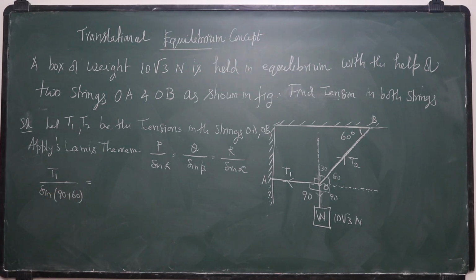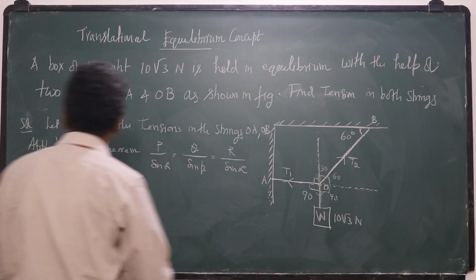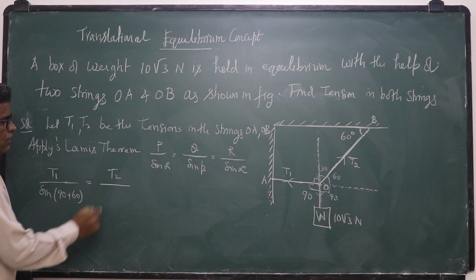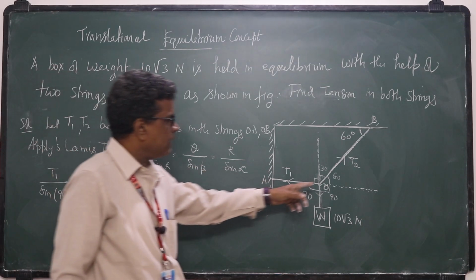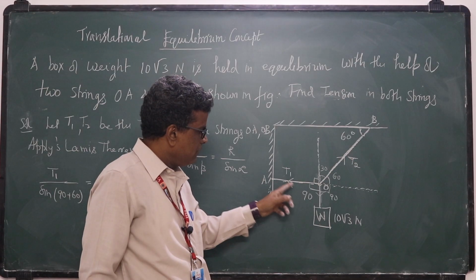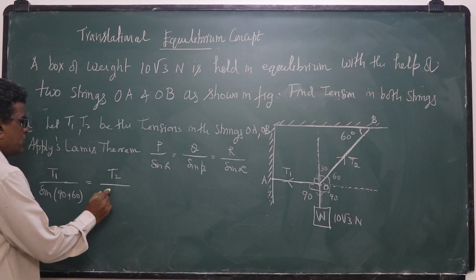Is equal to Q, which I assumed as T2, by sin beta. The angle opposite to T2 is the angle between T1 and W, that is 90, so sin 90.